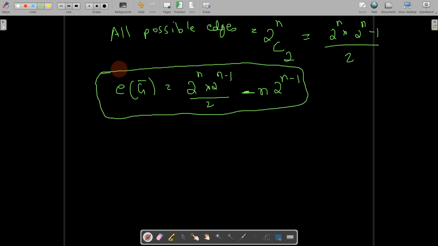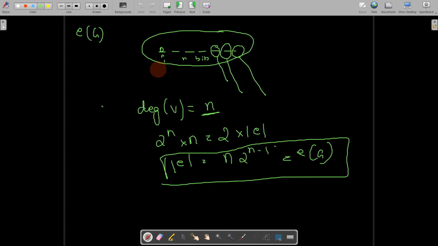So always remember, in a graph theory question, if you have to find the edges, you should always think of the handshaking lemma. The handshaking lemma combines the information about the sum of degrees. Degrees mean how many edges are there per node. When you sum all the degree information, that is equal to twice the number of edges.